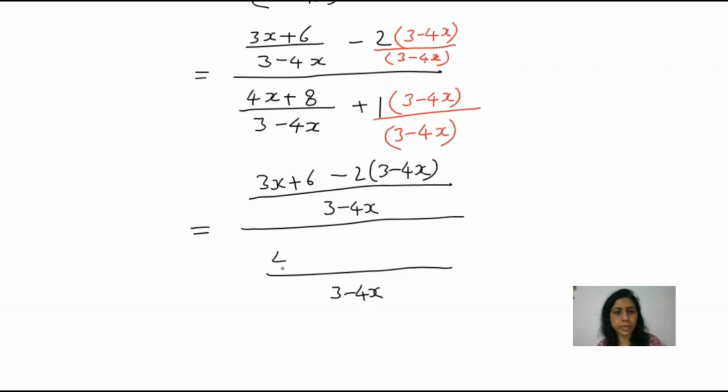Here 4x + 8, we can add the numerator, 1 multiplied by this, it means 3 - 4x. This denominator and this denominator cancel.